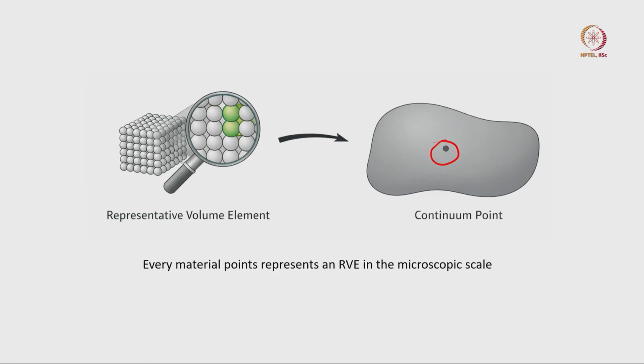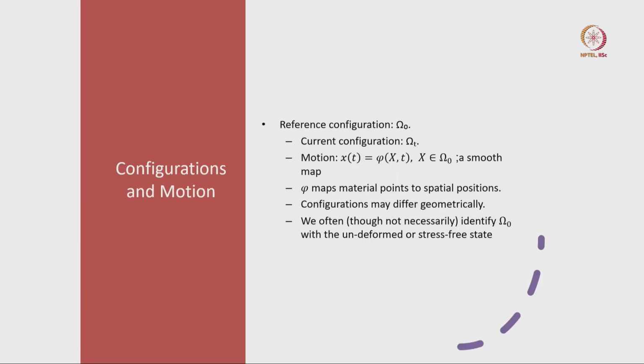So, if you zoom it, you will be seeing something like what is shown here, that is a lot of atoms, some missing positions, dislocations and things like that, many other defects, right. So, in that sense, every material point is a representative of a representative volume element in the microstructure, right.